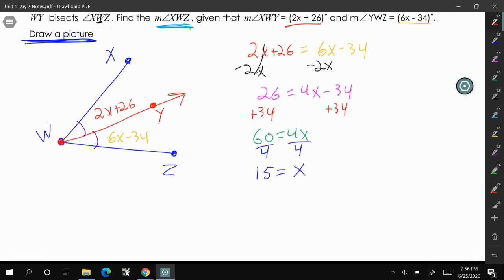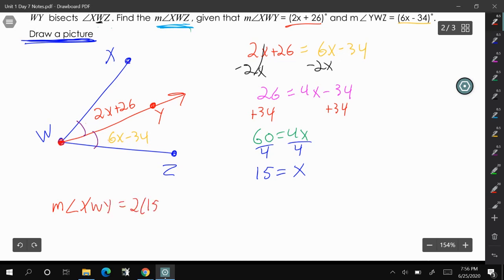All right, I have some room down here. So the measure of angle XWY is 2 times 15 plus 26. We put that in the calculator and we get 56. Then the measure of angle YWZ is 6 times 15 minus 34.